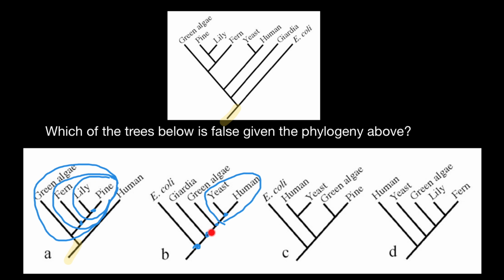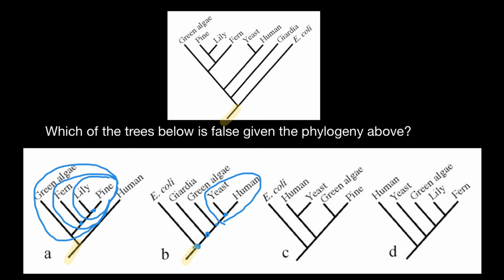If we even go down to the root, we are going to see the recent common ancestor with E. coli. And from this point here down, the next recent common ancestor next to the root is going to be E. coli. So this phylogenetic tree also reflects all the relationships between these taxa correctly.